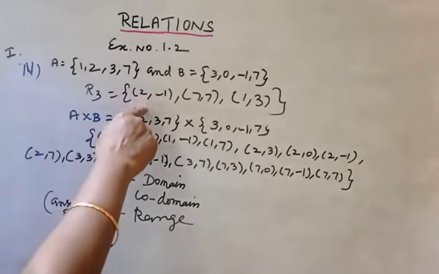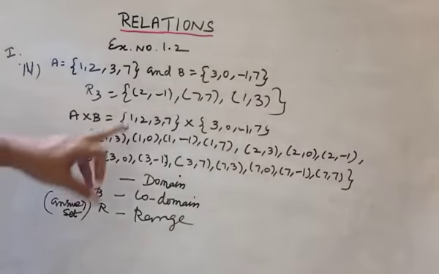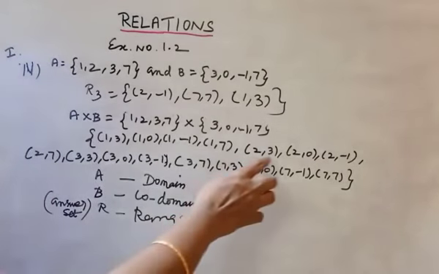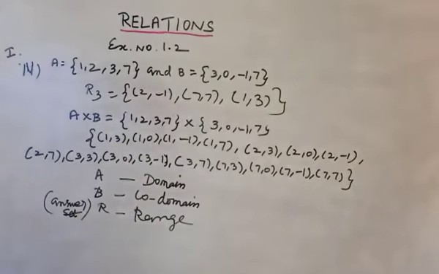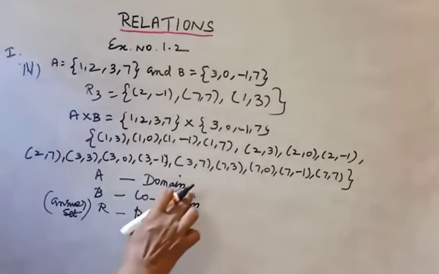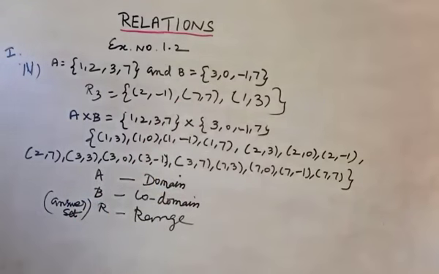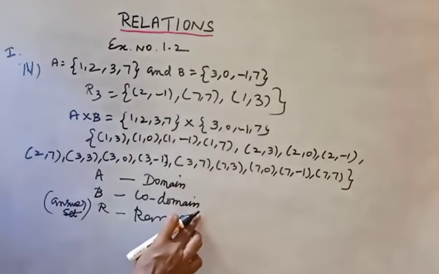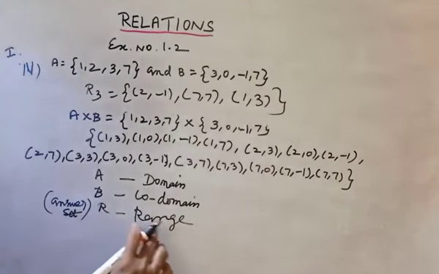R3 equal to {(2, -1), (7, 7), (1, 3)} is a relation. Here, the set A is called the domain. The set B is called the codomain. And the set of second elements of the relation is called the range.